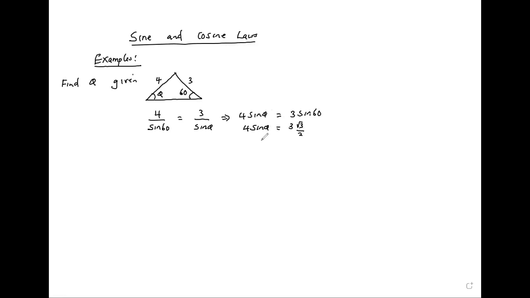Then divide by 4. So we get that sine theta is equal to 3 root 3 over 8. So theta is equal to sine inverse of 3 root 3 over 8.